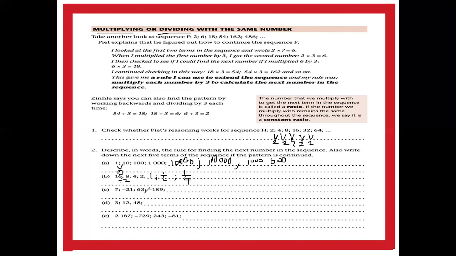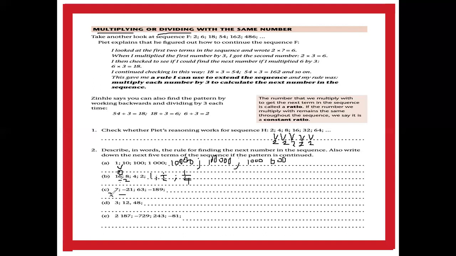Now we look at sequence C, and we go from 7 to minus 21 to 63 to minus 189. So 7 times what will give us minus 21? 7 times minus 3.